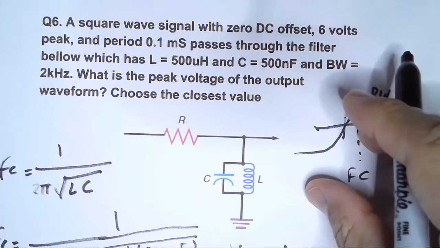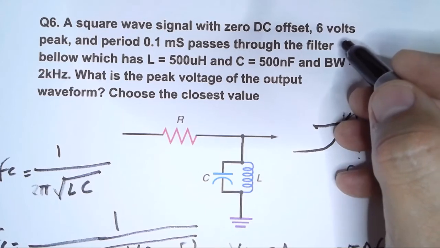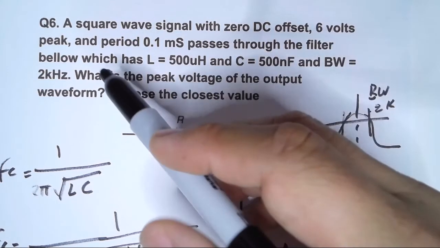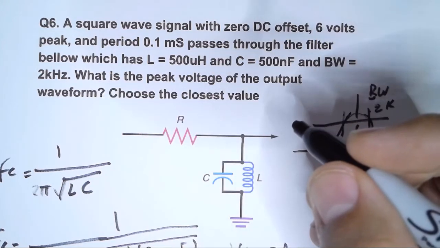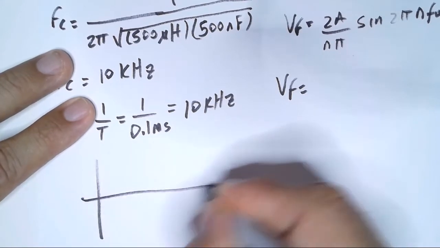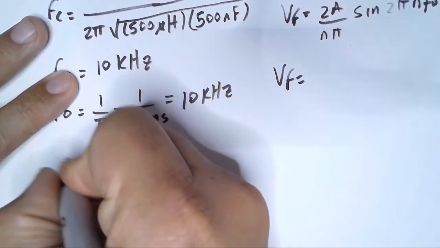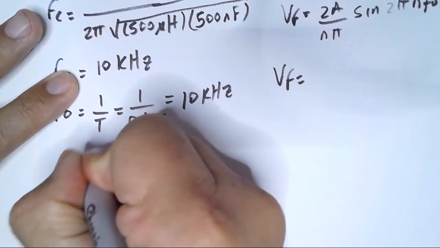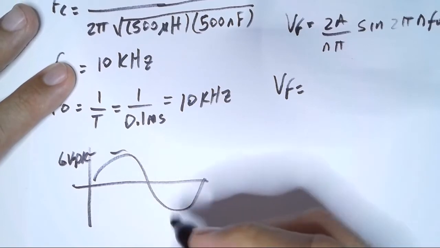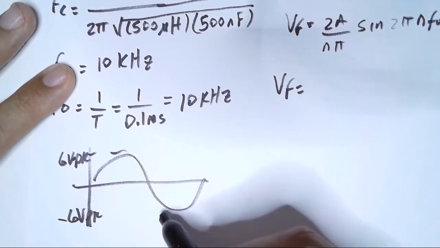The amplitude is not 6 volts, because we are given 6 volts peak, the positive component of the wave.